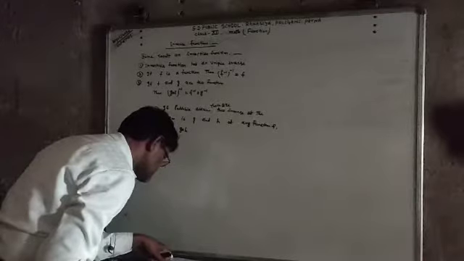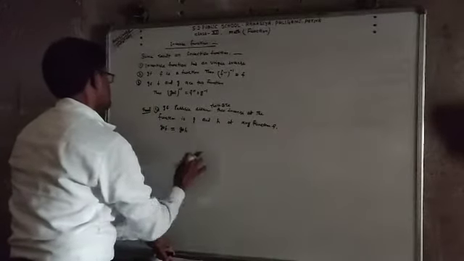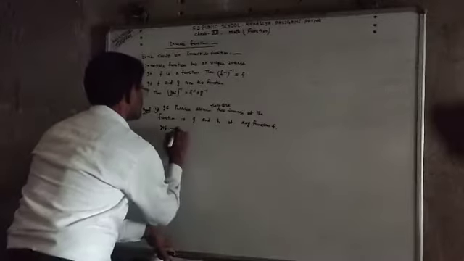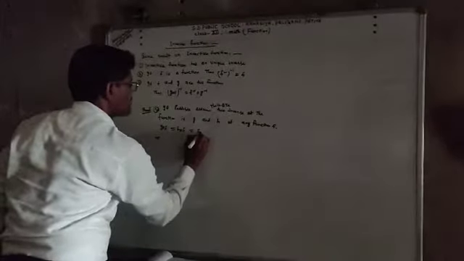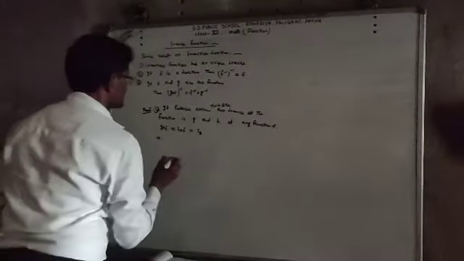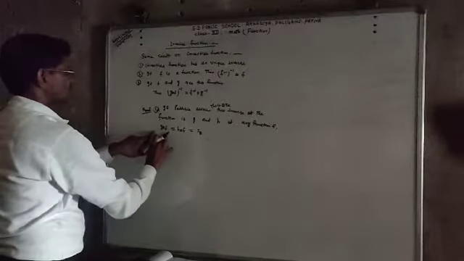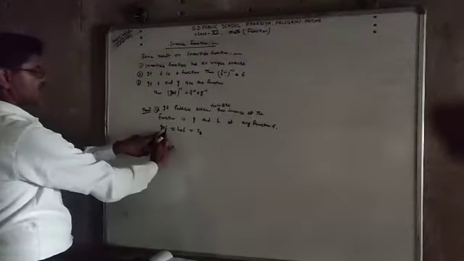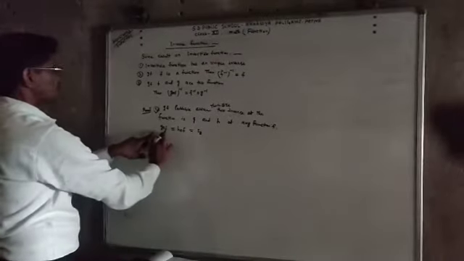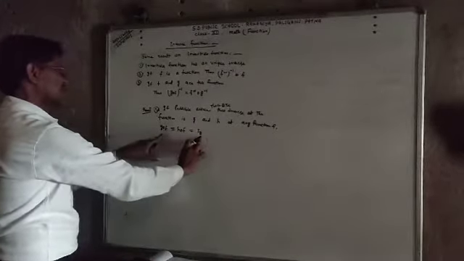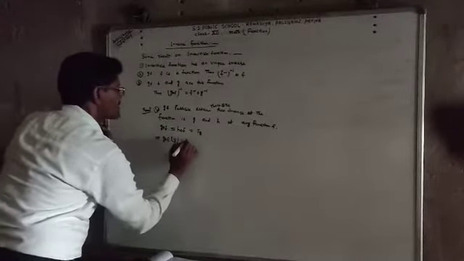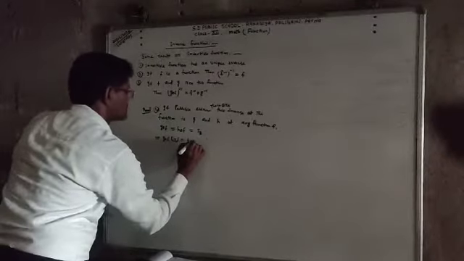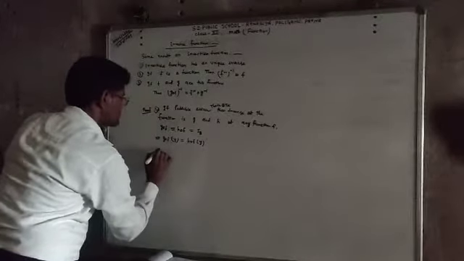gof is equal to hof. This is equal to I, means it is an invertible function. The composition of a function with its inverse function is an identity function, and both compositions will also be identity functions. Then gof of y will be equal to hof of y.